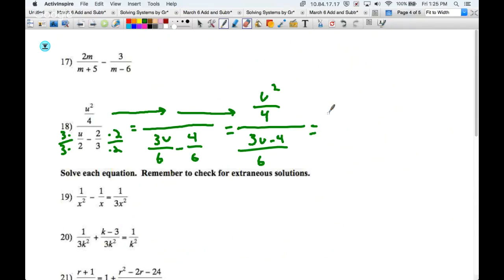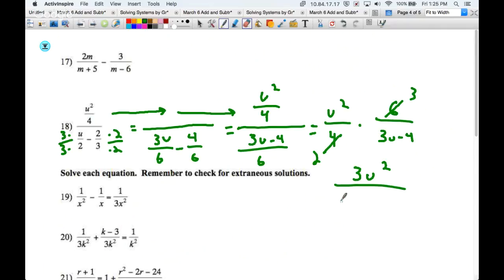Now I can copy dot flop this, u squared over 4 times 6 over 3u minus 4. Divide these both by 2, we'll get a 3 and a 2 for a final answer of 3u squared over 2 times 3u minus 4.